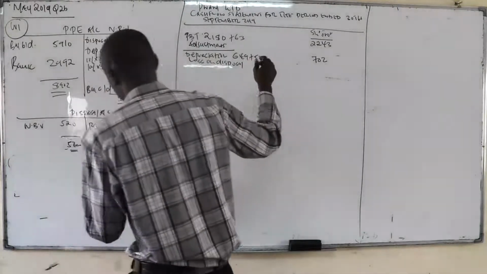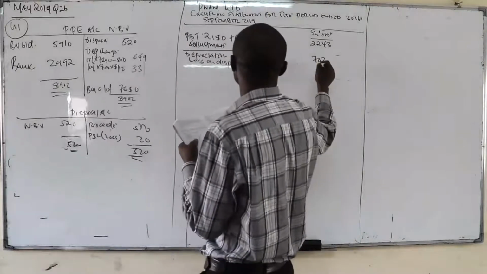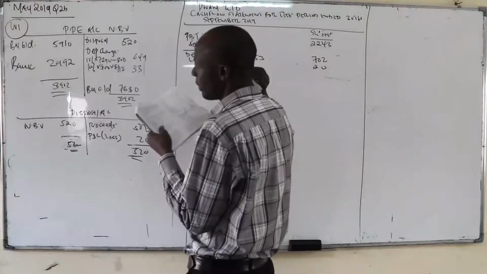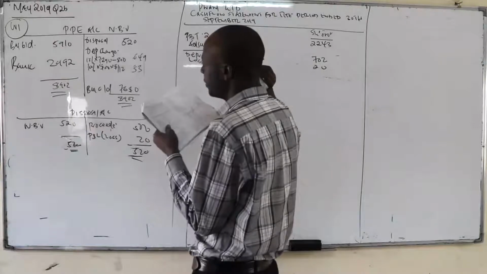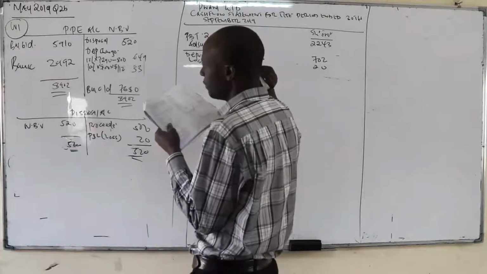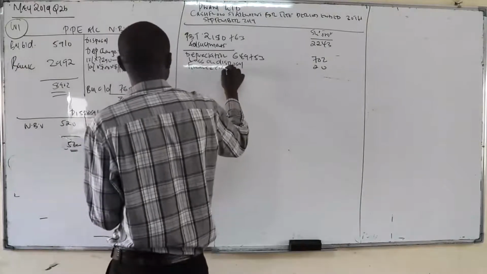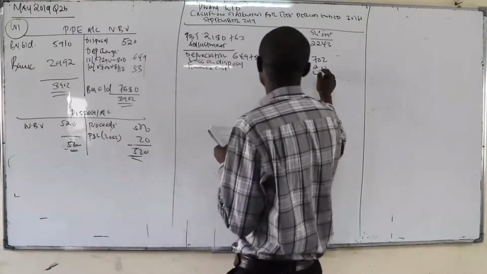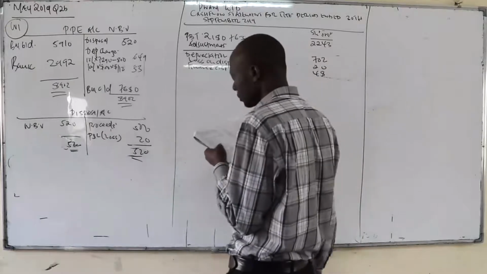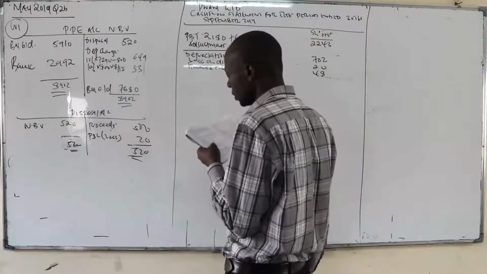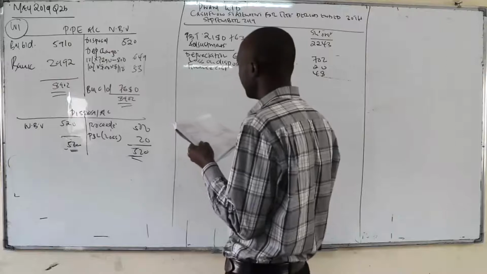Loss on disposal is how much? 20. And then note number 3, we had finance cost. Finance cost, how much is it? 48. So we add there 48. We don't have any other item here.